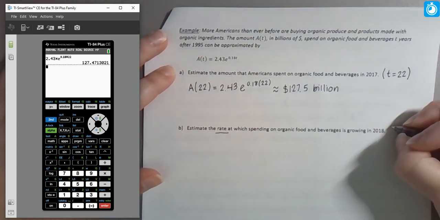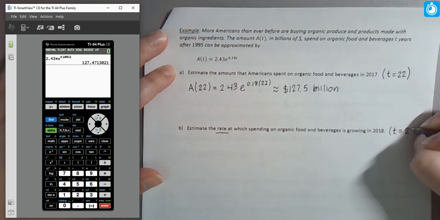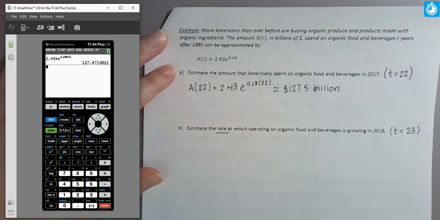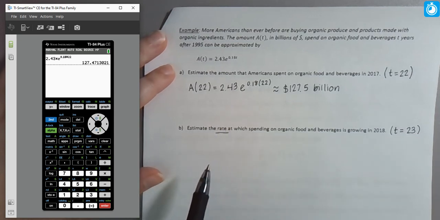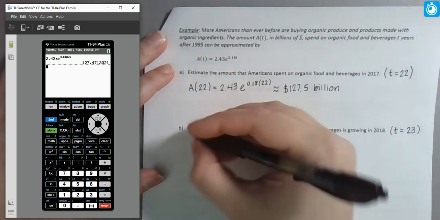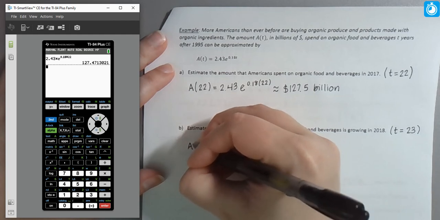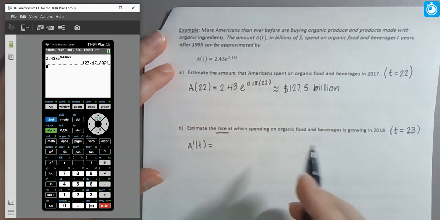Well, in this case, we're talking about 2018, so that means t is equal to 23. And so we want to know, how is spending changing? What's the rate at which spending is changing when t is equal to 23? Well, if I want a rate of change, I know I need to find my derivative. So I want to find A prime of t.